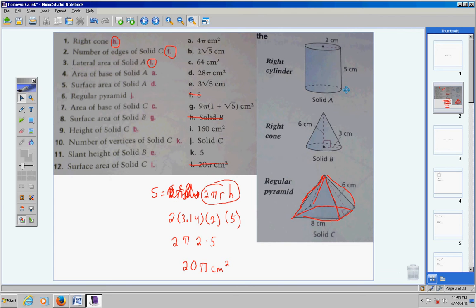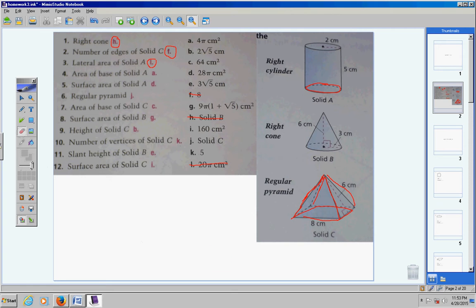All right, moving on to number 4, the area of the base of solid A. They want us to find just the area of the base, so here is solid A, and they want us to find the area of this circle. How do we find the area of a circle? It's pretty simple: pi r squared.